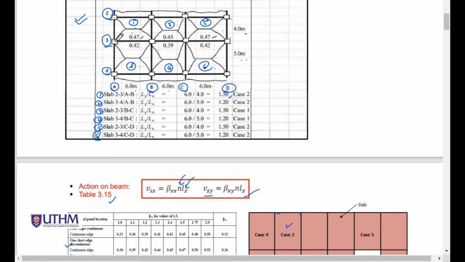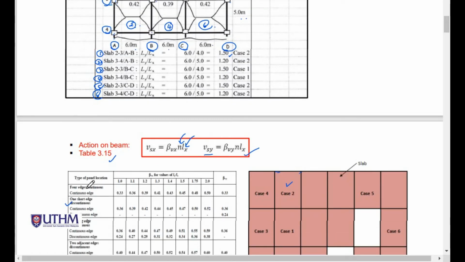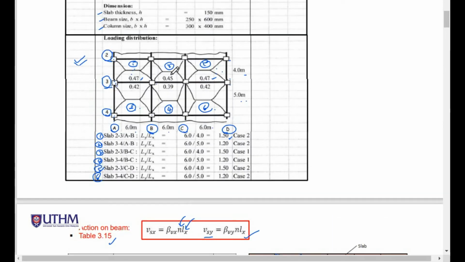And here are slabs 5 and 6, similar to slabs 1 and 5. Slab number 2 is also case number 2, where one short edge is continuous. Now let's look at slab 3 and slab 4, which are in the middle.